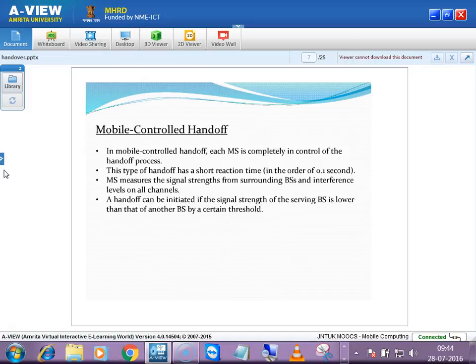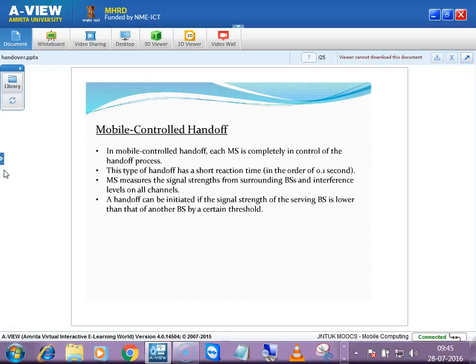The other type is mobile controlled handoff. In mobile controlled handoff, each mobile station is completely in control of the handoff process. This type of handoff process has a short reaction time. The MS measures the signal strength from surrounding base stations and interference levels on all channels, and handoff can be initiated if the signal strength is lower.